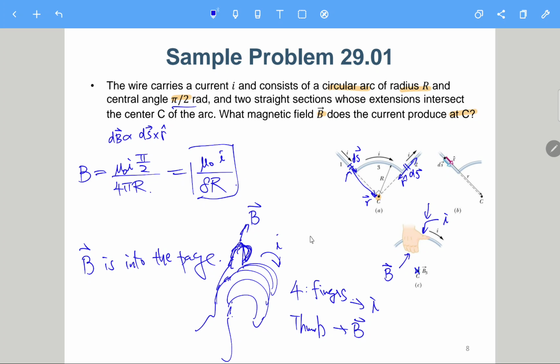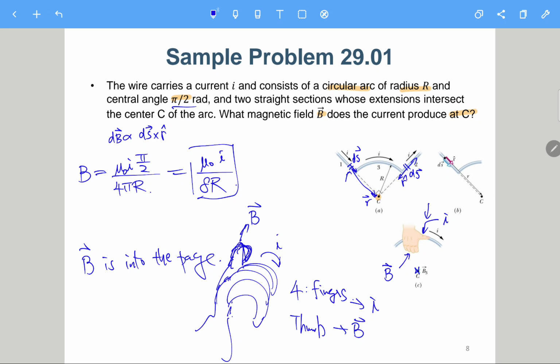Any questions regarding the direction, because it may be quite complicated for you.